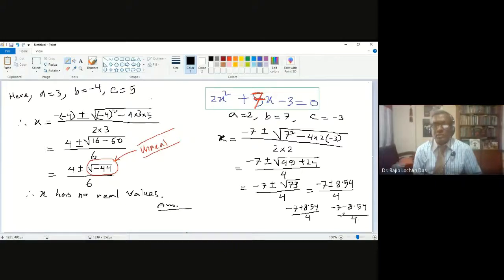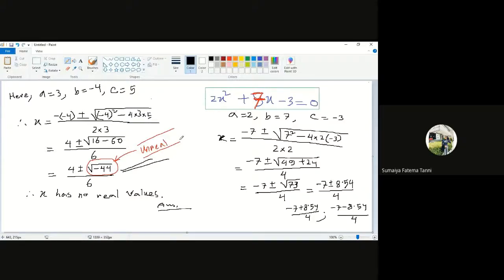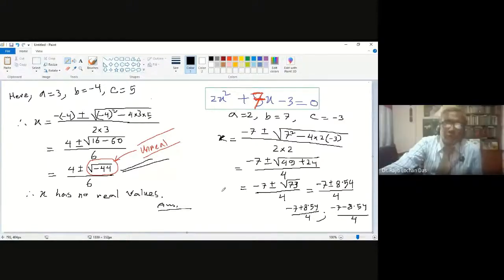So there will be two possible answers, and there is no problem, it is a real answer. But the other example is an unreal answer. So that is the use of the quadratic formula. Is that okay? Yes, sir. Okay, now we will finish our class.